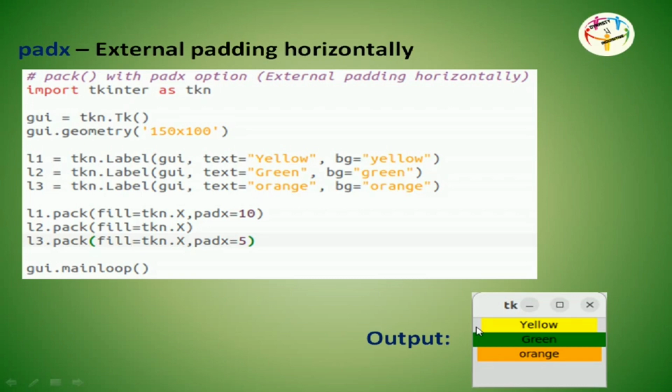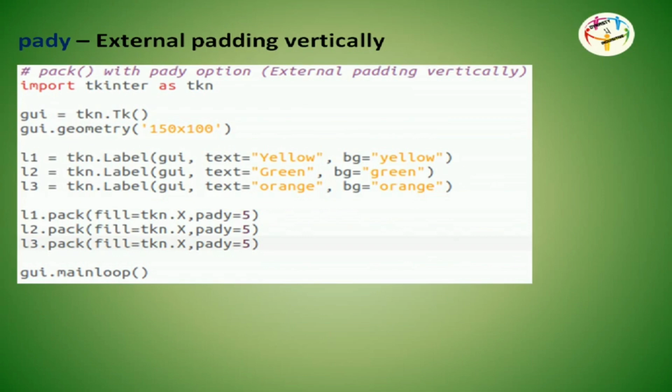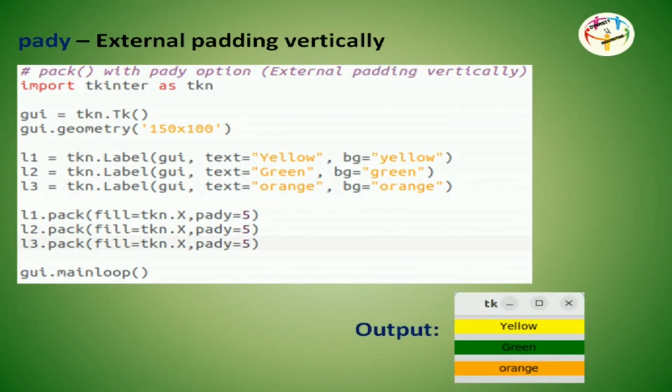So this space is 10, and this space is 5. Similarly, external padding vertically means pady. So in this example, vertical padding means this space, so pady is applied here for all these labels L1, L2, L3. So these are the effects.